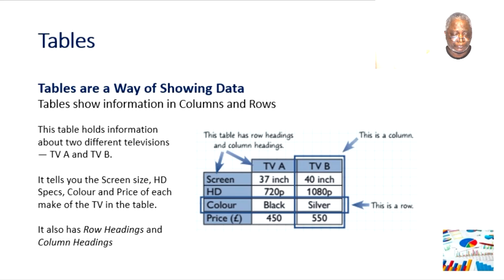If you look at the image on the right, the table has row headings and column headings. The column, please watch the arrows, runs from top to bottom, and the rows run across from left to right.